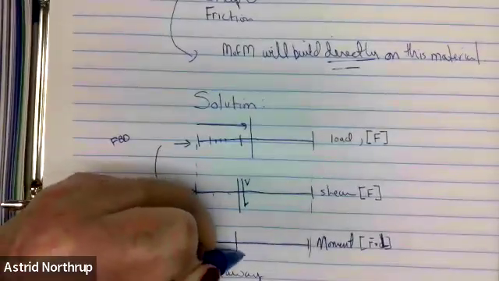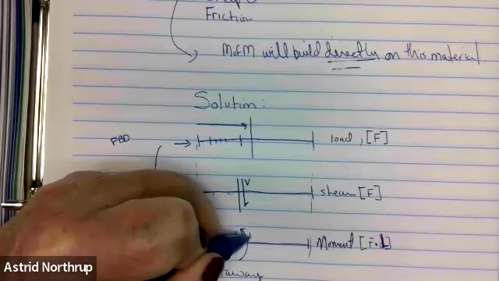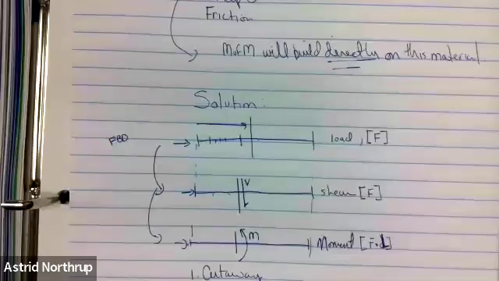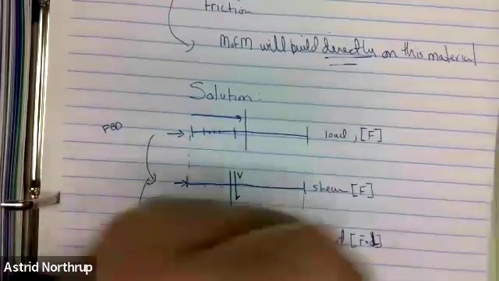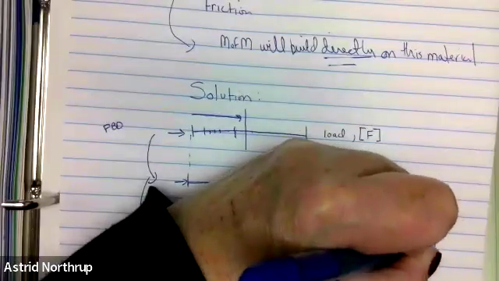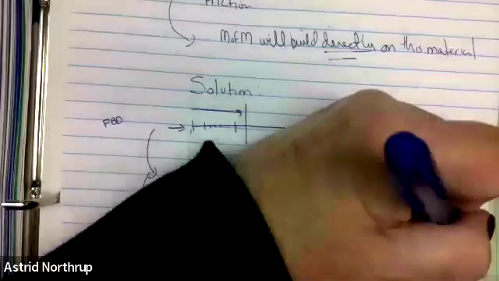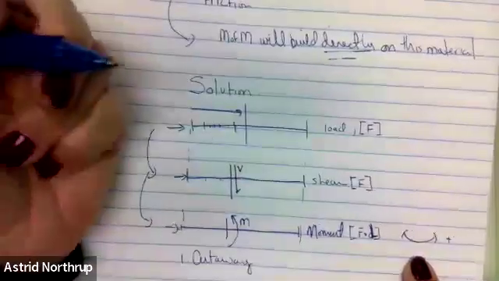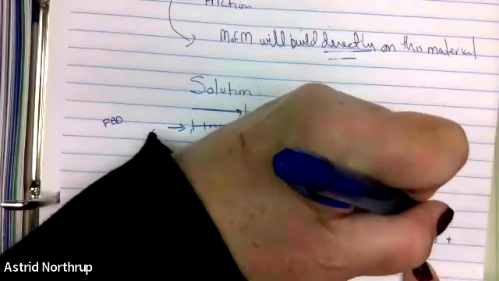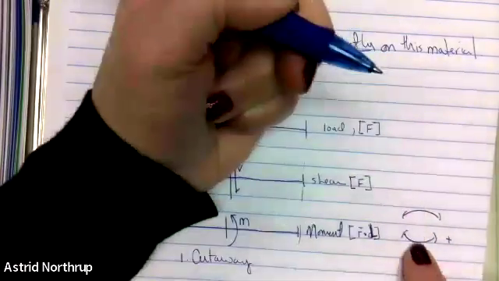And when you do a cutaway on the right, you always do a moment responding this way. Now here's one little thing you can always think about. When you have a moment that tends to bend a beam like this, this is a positive moment. When you have a moment that tends to bend a beam like this, it is a negative moment.